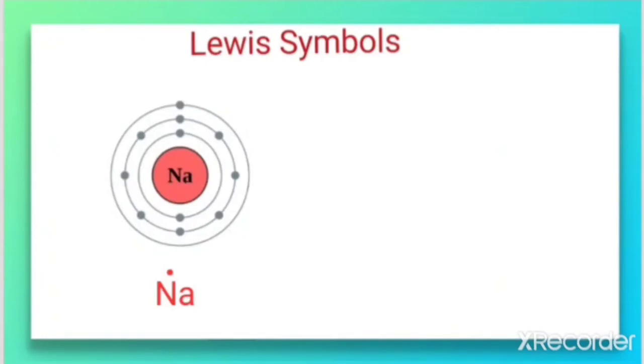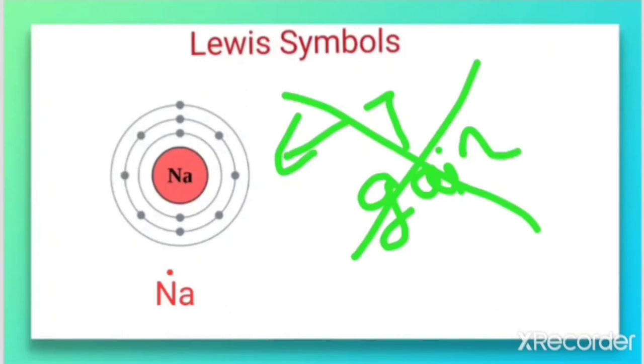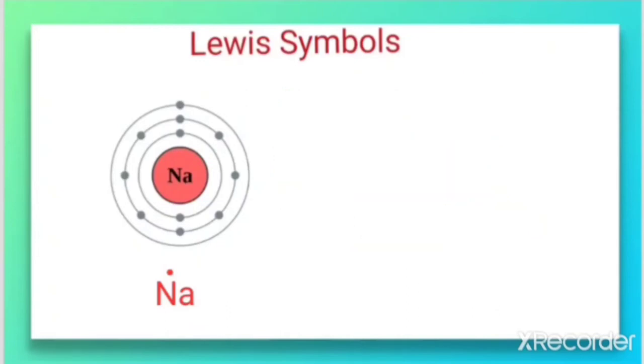But in order to stabilize, that means to complete the octet, it is not possible for the sodium atom to gain 7 electrons. So what will it do? Instead of gaining 7 electrons, it will lose 1 electron.